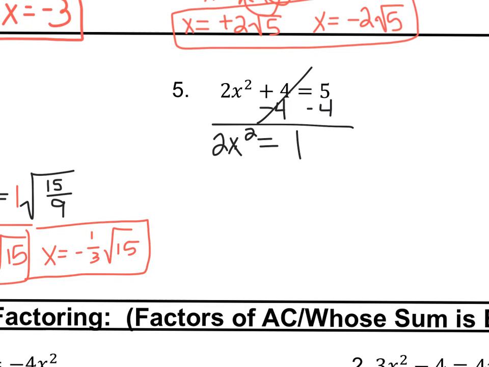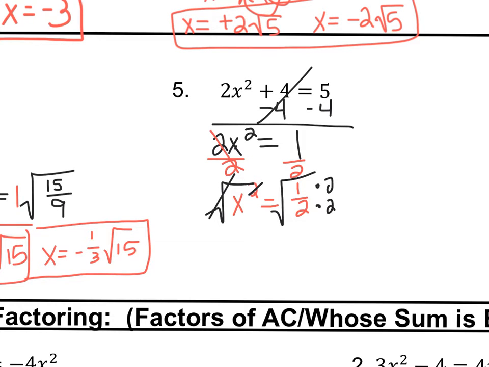How do I move the 2 to the other side? Okay. Next is take the square root. Right, I can't leave a fraction under the radical, so I'm going to multiply by my denominator to make a perfect square there.